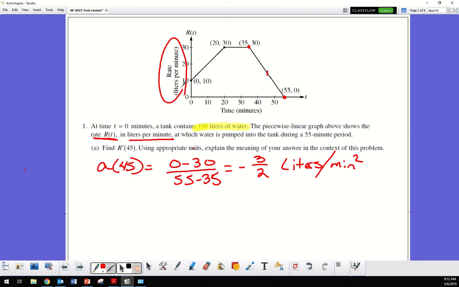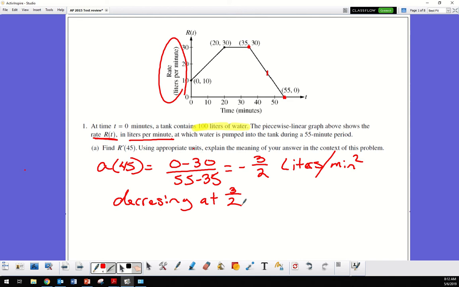Okay, so because it's a negative slope, that means that it is decreasing at 3/2.